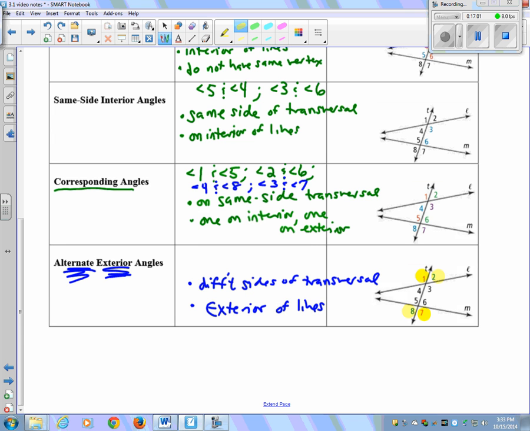Those are the exterior angles. So alternate exterior angles are going to be on different sides of the transversal. So angle 1 on a different side of the transversal would be angle 7. Not going to be angle 2 because of this last criteria, which we need to put here. Do not have the same vertex.